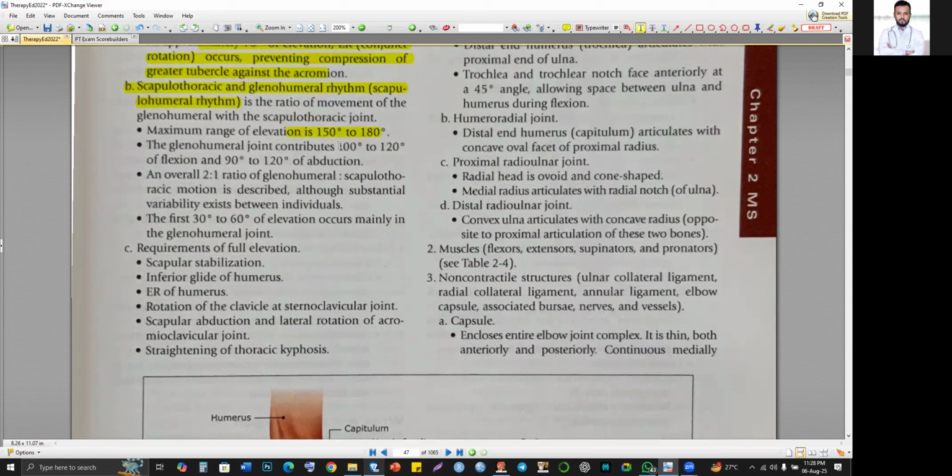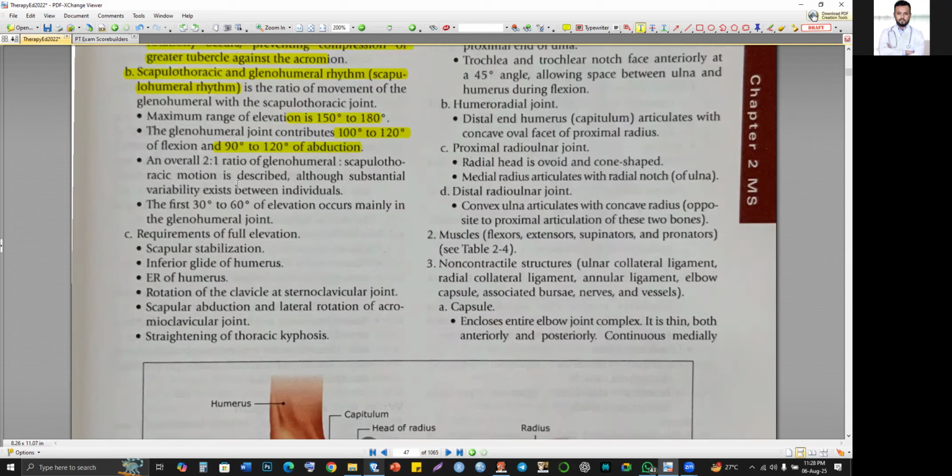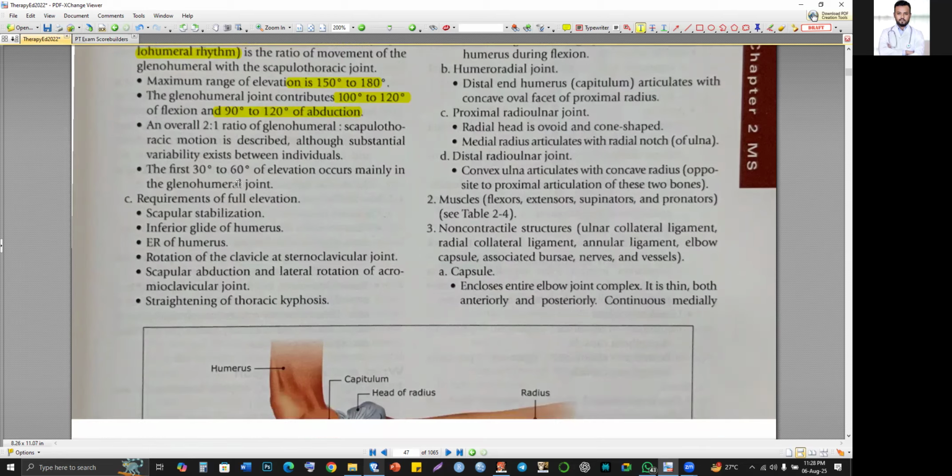The glenohumeral joint contributes 100 degree to 120 degree of flexion and 90 to 120 degree of abduction. And overall 2:1 ratio of glenohumeral scapulothoracic motion is described, although substantial variability exists between individuals. The first 30 degree to 60 degree of elevation occurs mainly in glenohumeral joint.